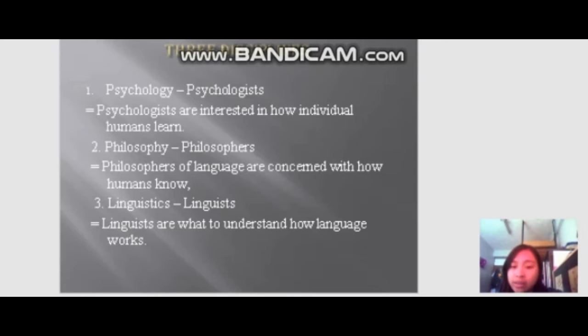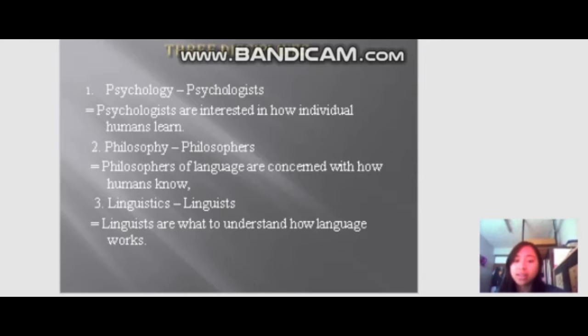Psychologists are interested in how individual humans learn. So it means how they retain, recall, or lose information, or how they classify, make judgments, and solve problems. Or in other words, how the human mind seeks meanings and works with them.